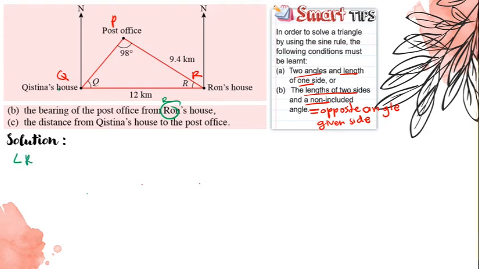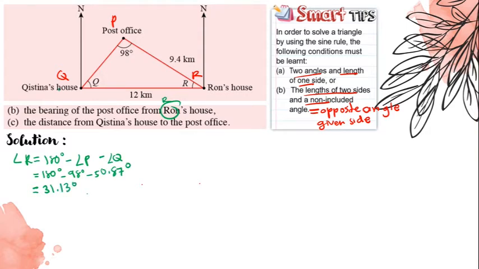R is equal to 180 degrees minus angle P and minus angle Q. So 180 degrees minus 98, minus the angle Q just now, which is 50.87. We calculated that in the first question. So we get the answer 31.13 degrees. This is not the bearing.